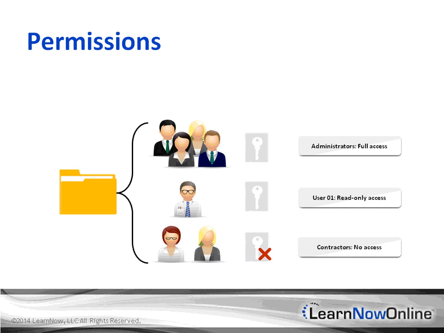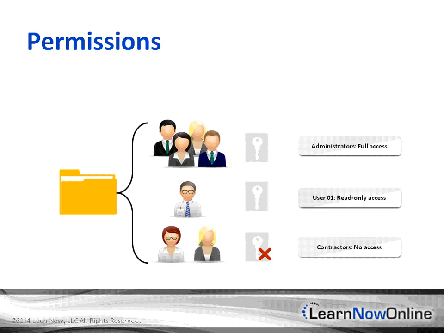So, in reality, there are 2 ways that you can, quote-unquote, deny somebody access to a file or folder. One way is to just simply not assign them any permissions. If it's an individual user, just take that user off the permissions list. Or there is a deny option in the file permissions.